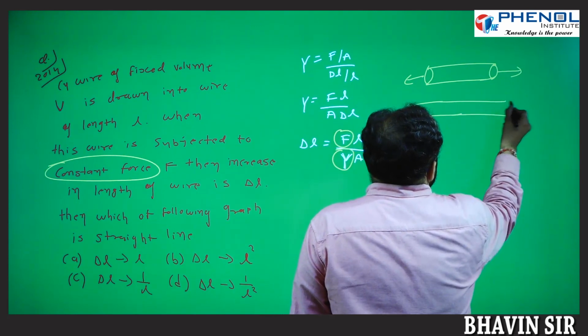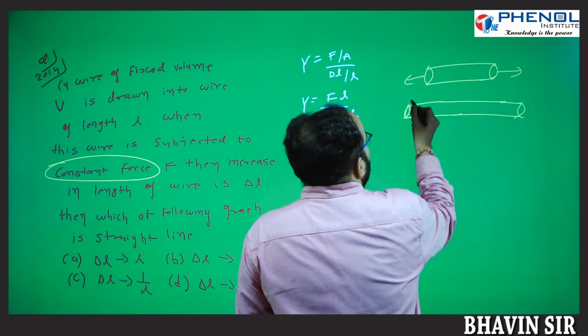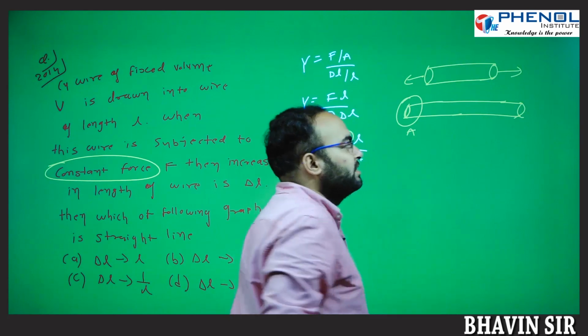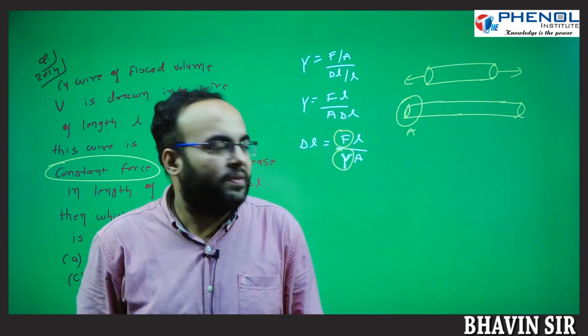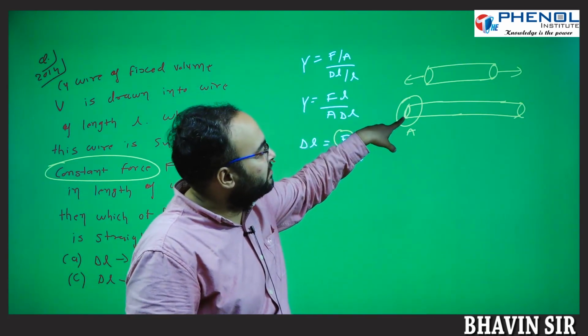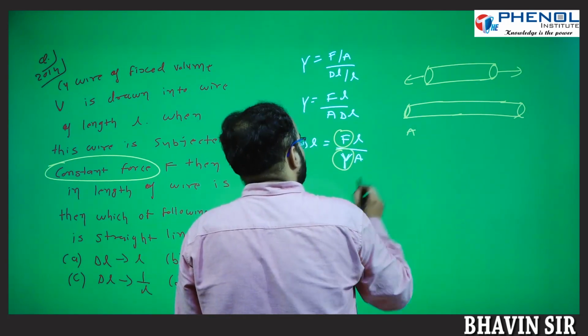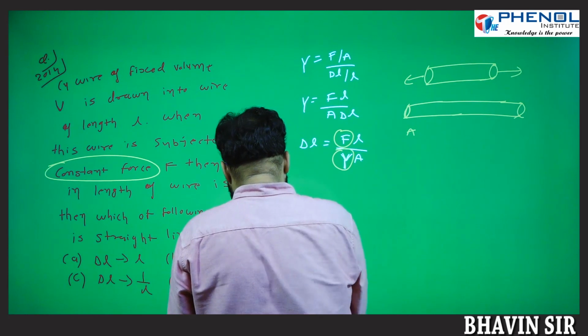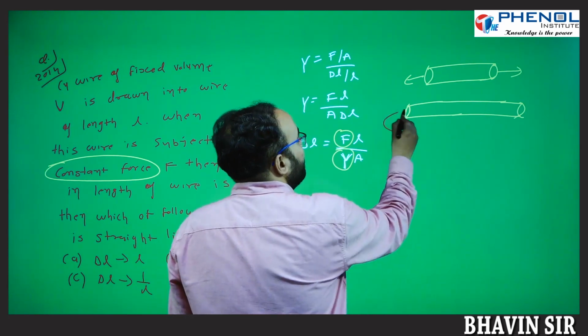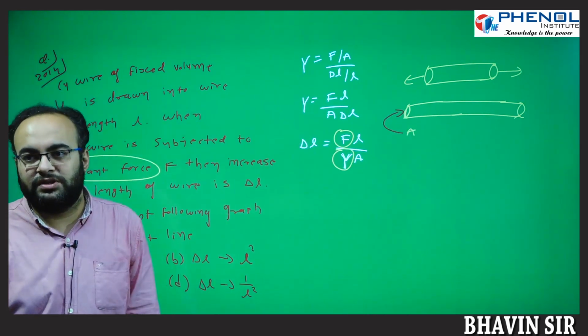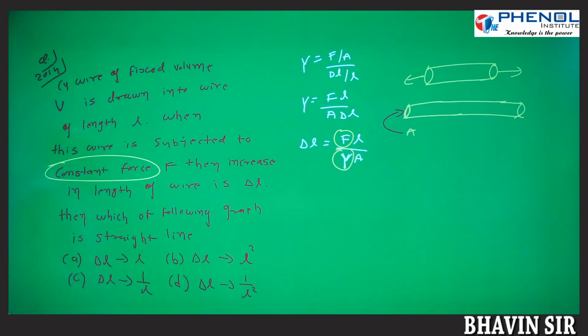The area becomes smaller. So area of the wire is changed, students. So area is not constant, but what is the constant?